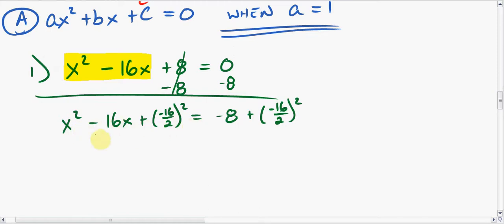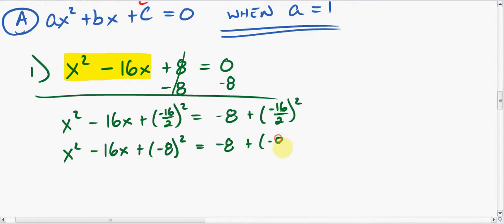Now I want to simplify this. So I've got x squared minus 16x plus negative 16 divided by 2, which is negative 8, squared. And then I've got negative 8 plus negative 16 divided by 2, which is negative 8, squared.